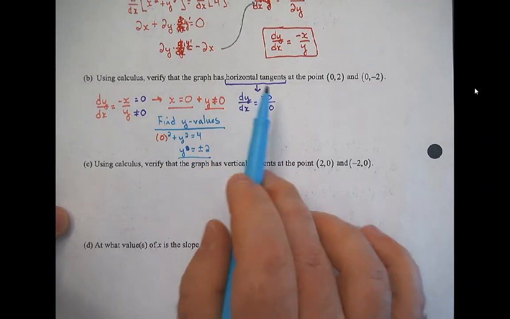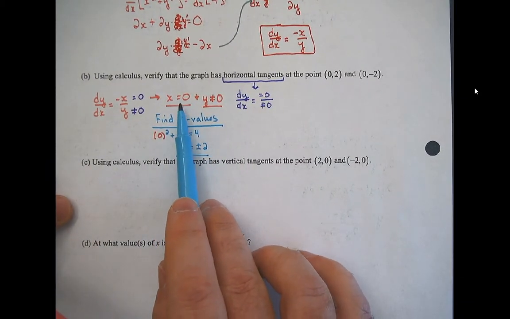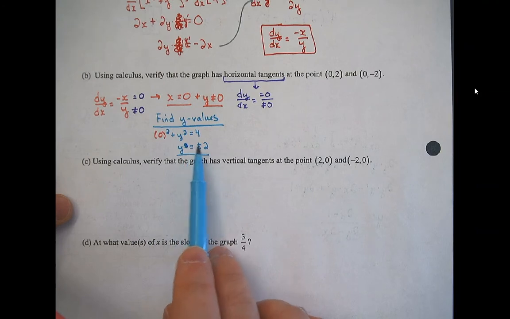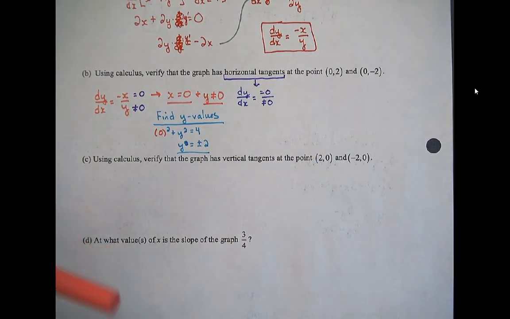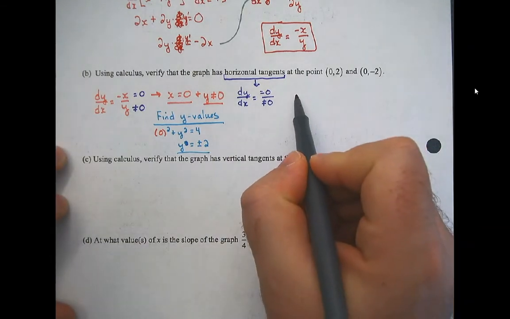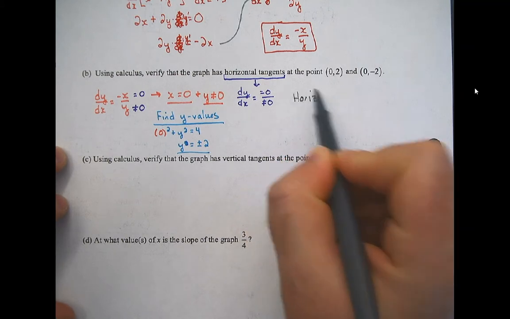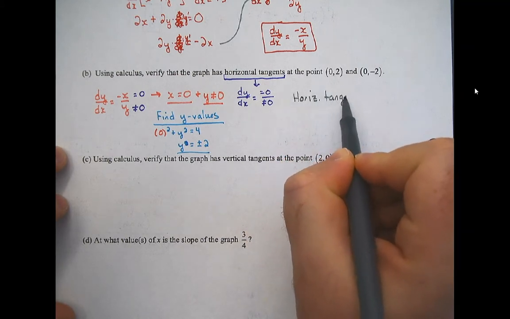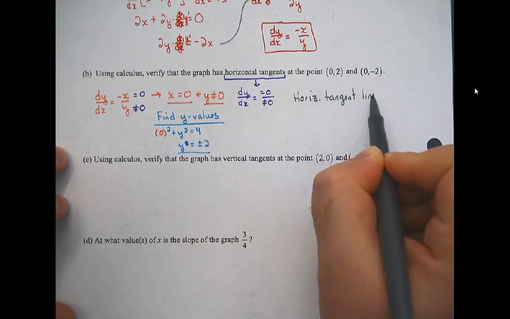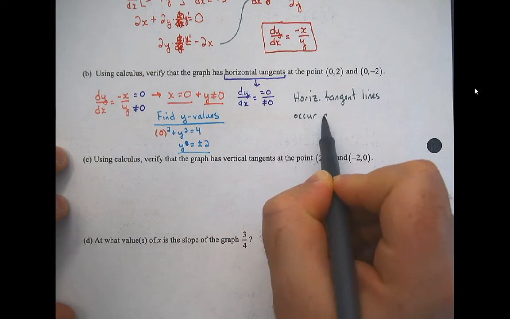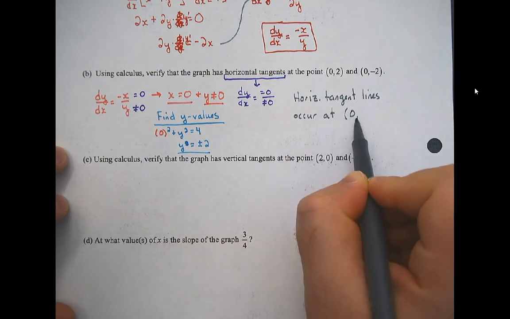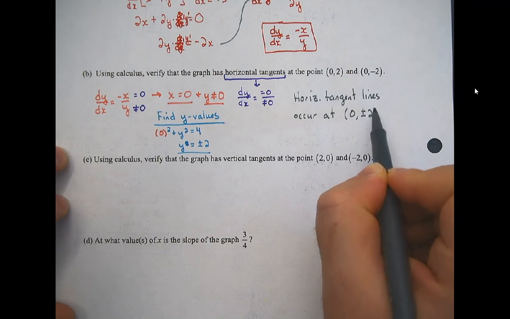So what did we just verify? We verified that when x equals 0 and y equals plus or minus 2, we have a horizontal tangent line. Check. So our horizontal tangent lines occur at 0, plus or minus 2.